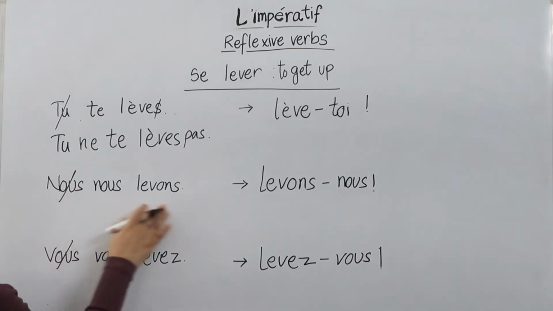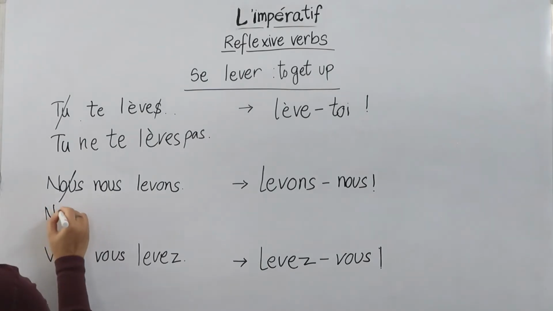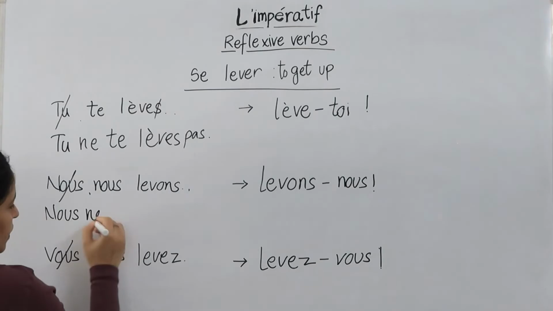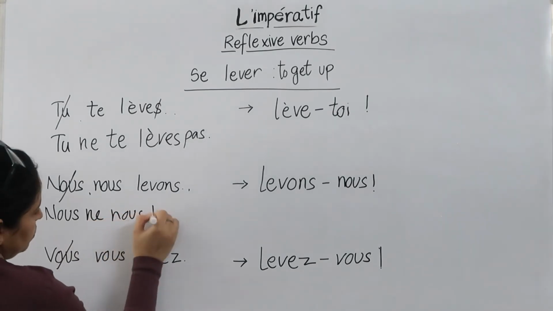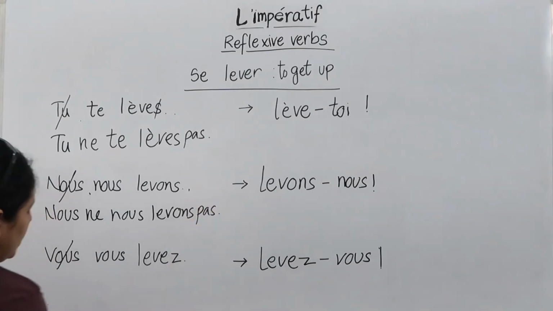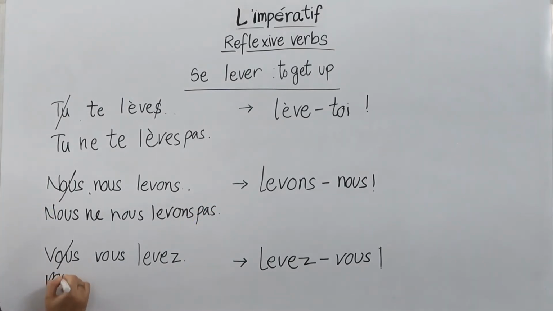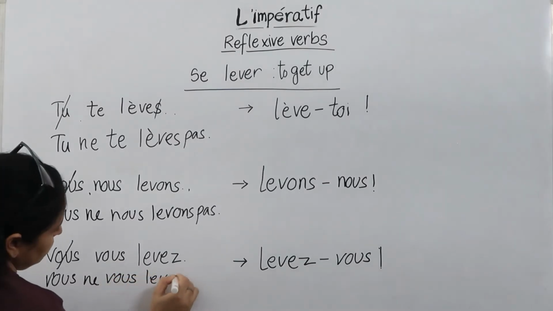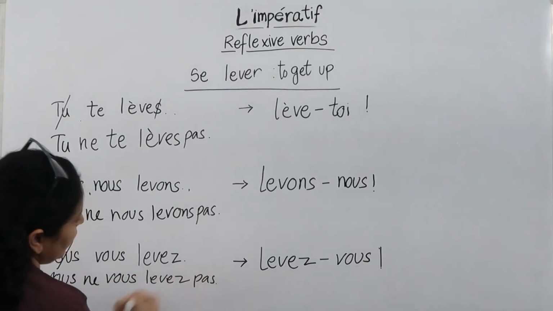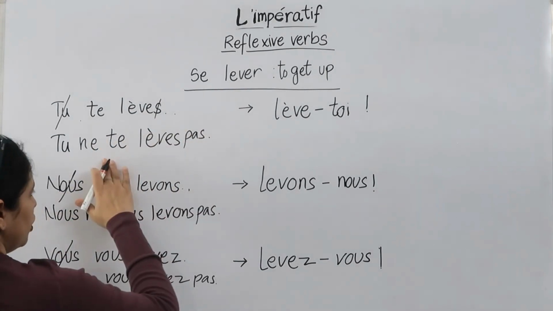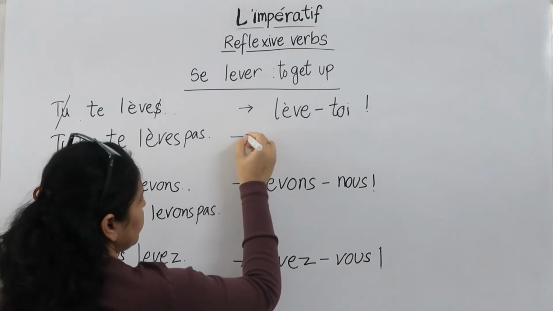If I write this sentence in negative, it should be nous ne nous levons pas. And the last structure will be vous ne vous levez pas.